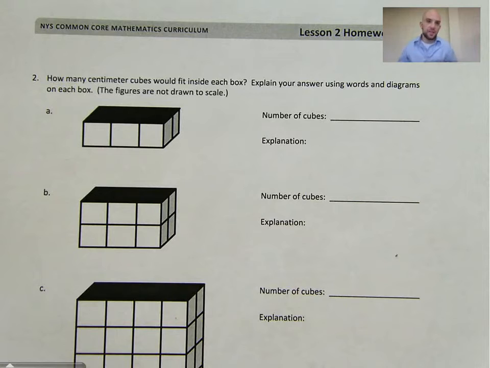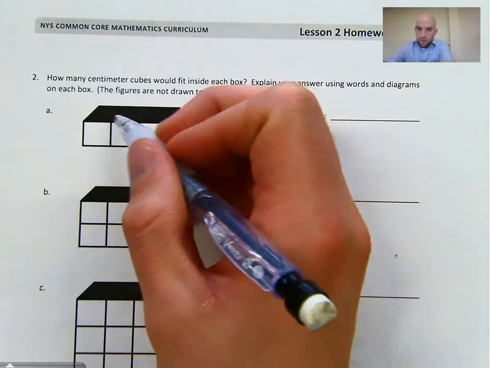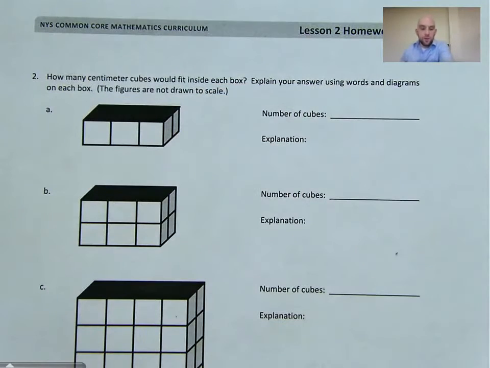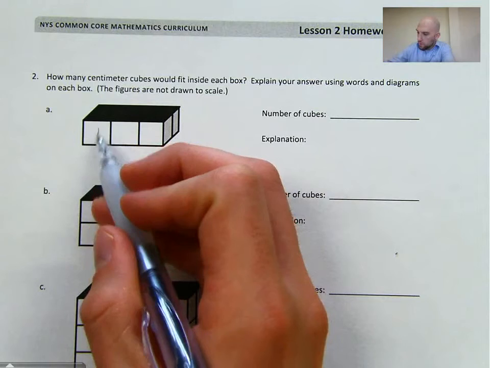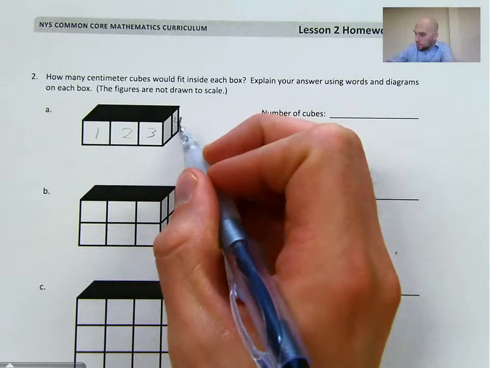Next here, it says how many centimeter cubes would fit inside each box. Explain your answer using words and diagrams on each box. So we look at the top of here, it is open, so we would be able to pack centimeter cubes inside of that box. And it looks like we have 1, 2, 3, then we have 4.